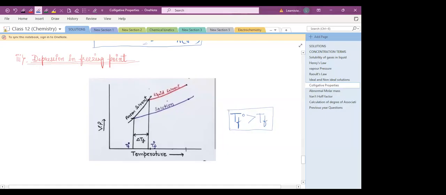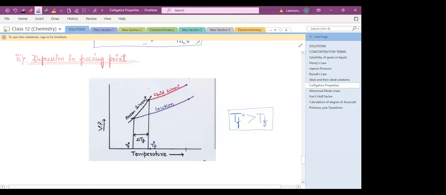Okay, so you can see over here three curves. The first one, in red color, is the liquid solvent curve. This is the solution curve, and this is the frozen solvent curve, right? This is a graph after the addition of the non-volatile solute to the pure solvent.